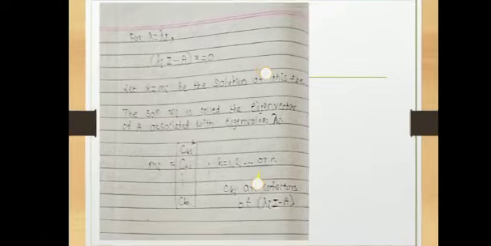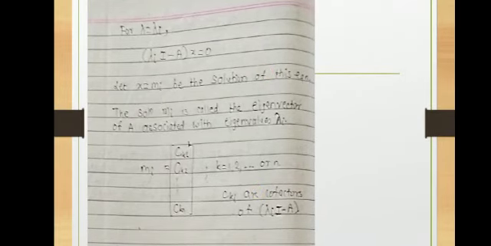Now if for lambda = lambda i, we put the value of lambda i instead of lambda, we get (lambda i I minus A) x = 0. Let x = mi be the solution of this equation. The solution mi is called the eigenvector of A associated with eigenvalue lambda i.